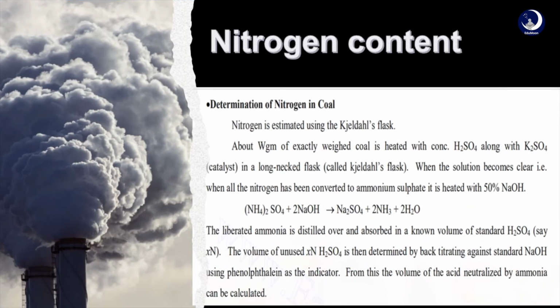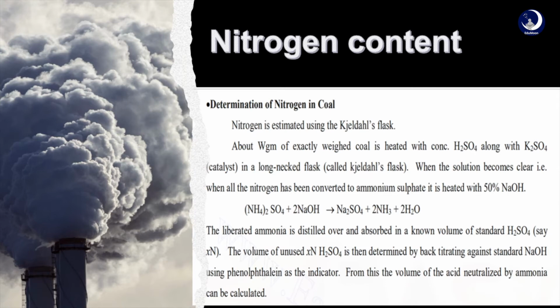Coming to nitrogen, it is undesirable because it has no calorific value, but sometimes N2 reacts with H2 and NH3 is formed, and it is recovered in the form of (NH4)2SO4. It is a valuable fertilizer. Now, coming to the determination of nitrogen in coal, about 1 gram of weighed powdered coal is taken and heated with concentrated H2SO4 and K2SO4.